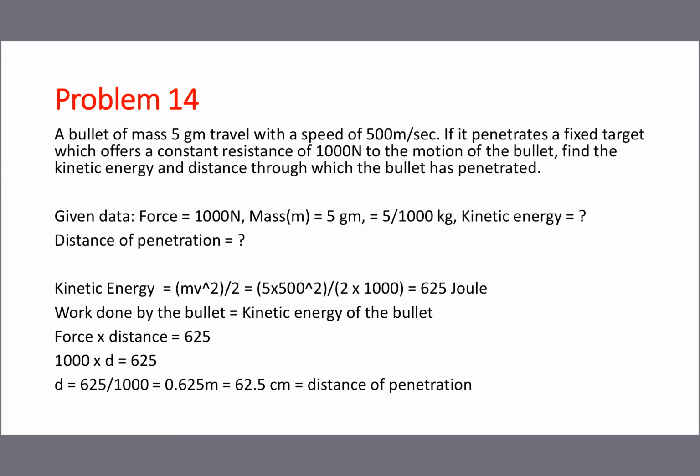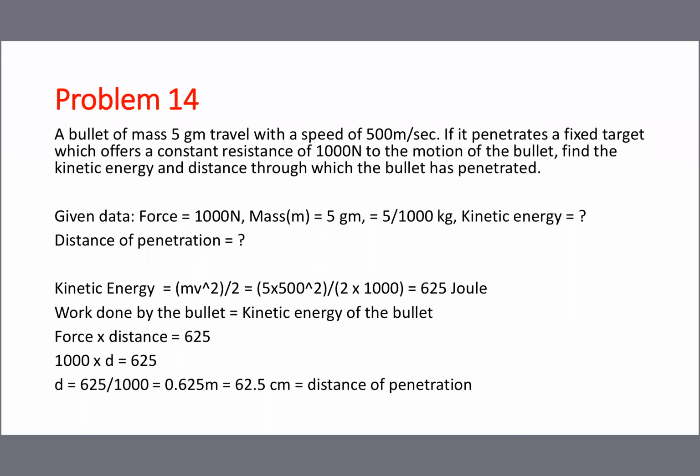A gun fired a bullet. The bullet mass is 5 gram and it is traveling with the speed of 500 meter per second. If it penetrates a fixed target, which offers a constant resistance of 1000 Newton to the motion of the bullet, find out the kinetic energy and the distance through which the bullet has penetrated.